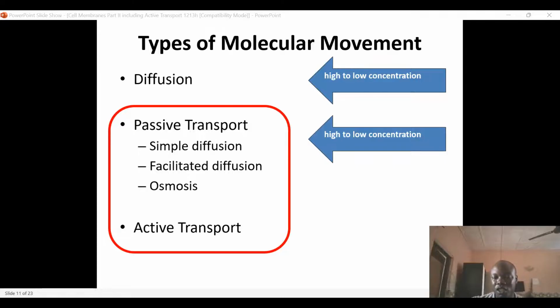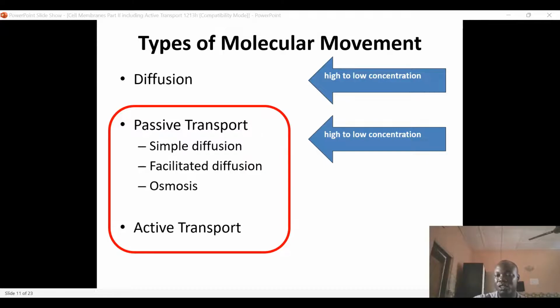Passive transport does not require the use of energy for the transport of molecules, while active transport requires energy and protein carriers to transport molecules. So in this case, simple diffusion does not require the use of energy or any protein carrier.